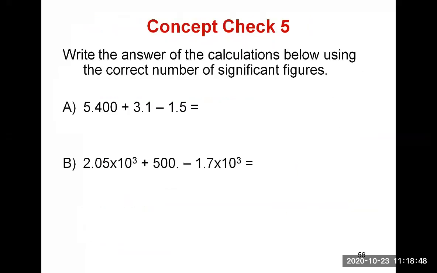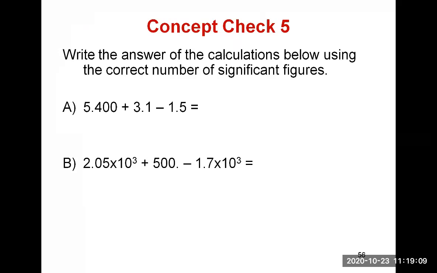So let's do a concept check on this and write the answer of the calculations below using the correct number of significant figures. Again, pause the video and do this work before you watch the answer. So we have addition and subtractions here.